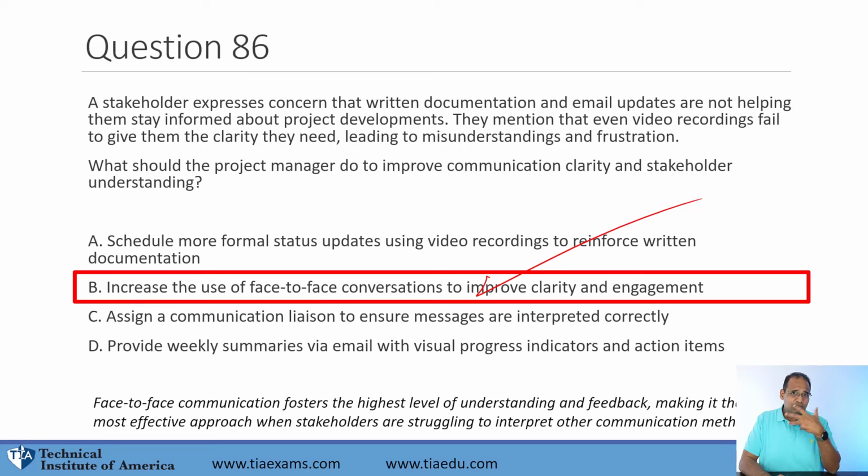Unlike emails, you can even hear tonality in there. And they can ask follow-up questions better. So it's more synchronous versus asynchronous. So the best answer here, guys, is B, definitely better than A. You don't want to just give away the work. Never give away your work. And email, this D is just as good as what they're getting right now, which is no good. They don't like it. So the best thing here is to use face-to-face.